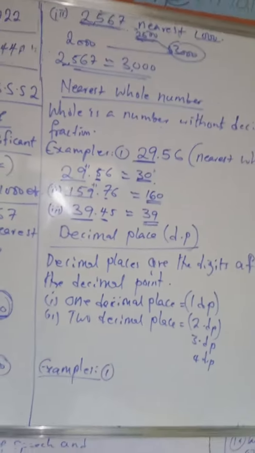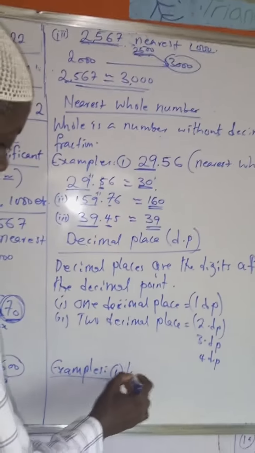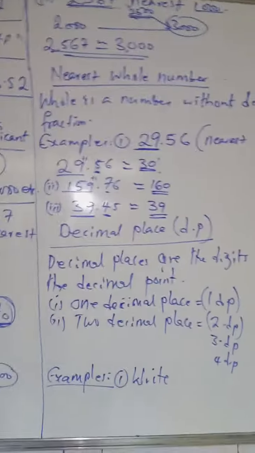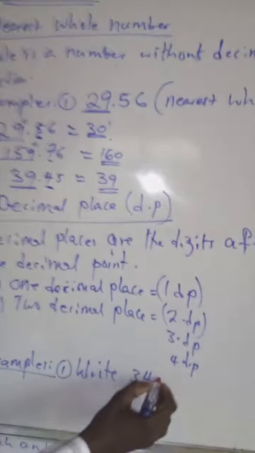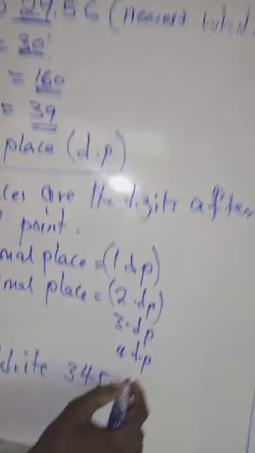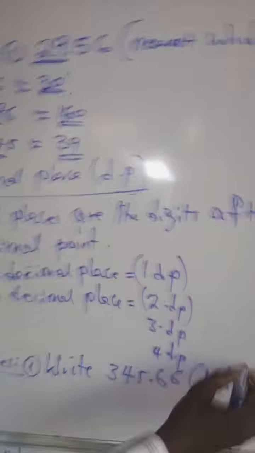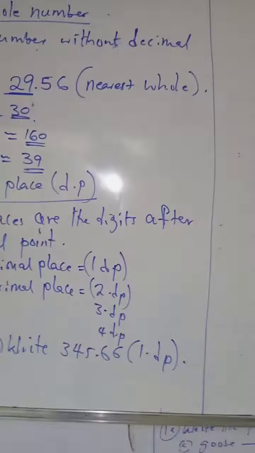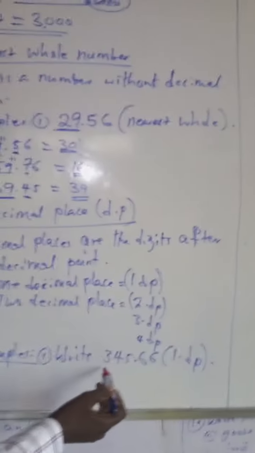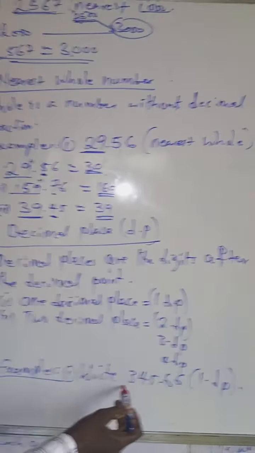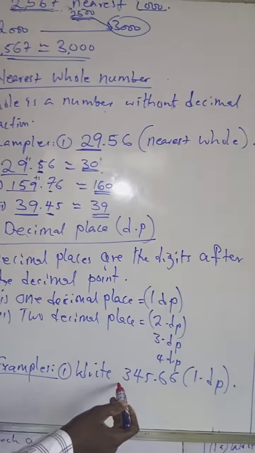If they say, write 345.66 in 1 dp, that is 1 decimal place, I am concerned with all the numbers from the beginning to the first number after the decimal.